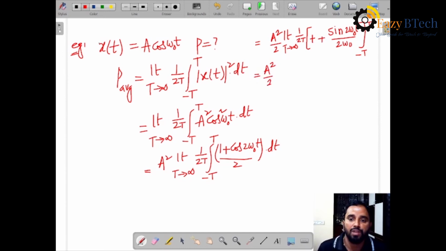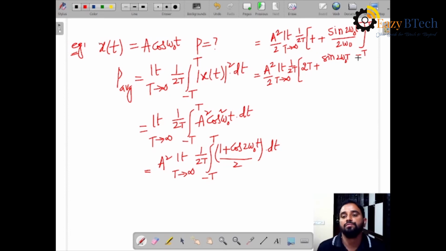So A square by 2, limit T tends to infinity 1 by 2T, into 2T. Here the upper limit is T and the lower limit is minus T, minus minus, so it will become 2T plus, here upper limit is T, so sine 2 omega naught T, and what about the lower limit?